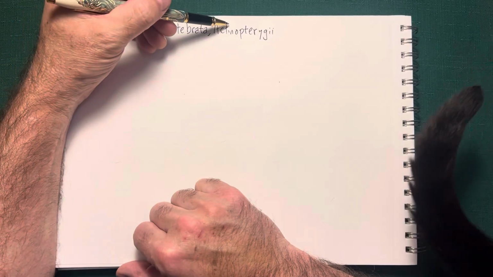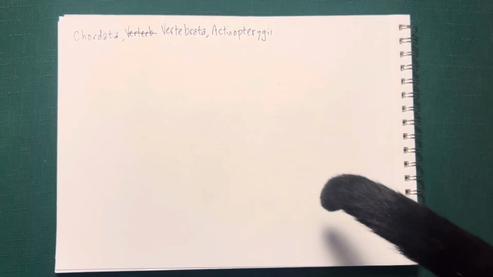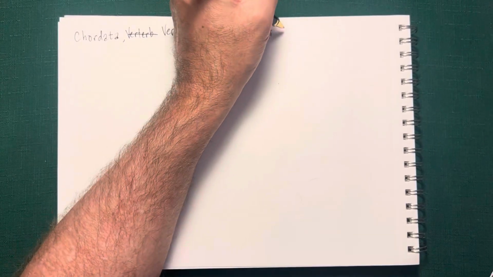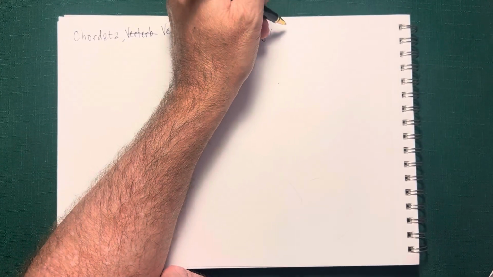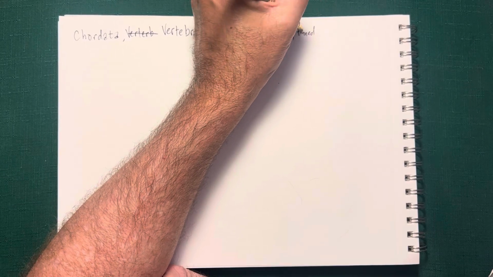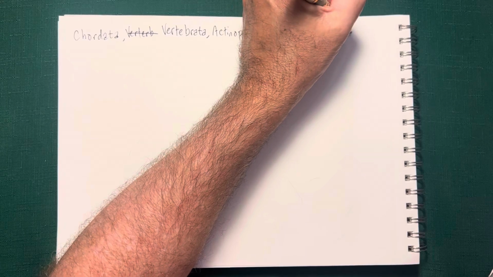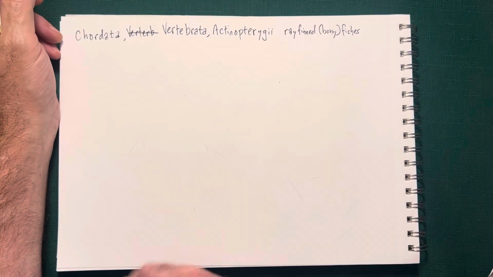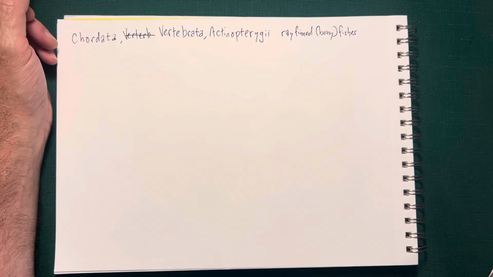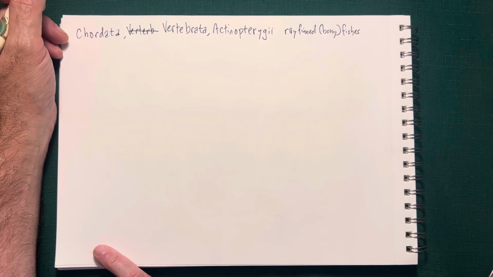Now you may not know this word, Actinopterygii, but you probably know about ray-finned or bony fishes. So that's what we're drawing here, is a ray-finned fish.